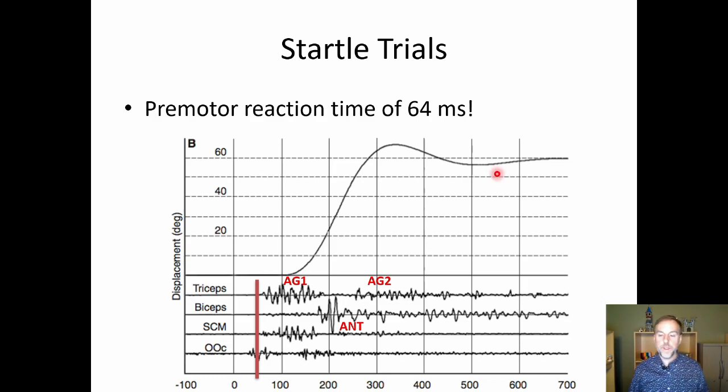Now, one neat thing about this 64 milliseconds is this is too fast for conscious control. If we measure the minimum amount of time to hear something, and then for your brain to say, okay, I heard it, initiate my movement, and send it out, it's not long. That's not a lot of processes need to occur there, but it's longer than 64 milliseconds.